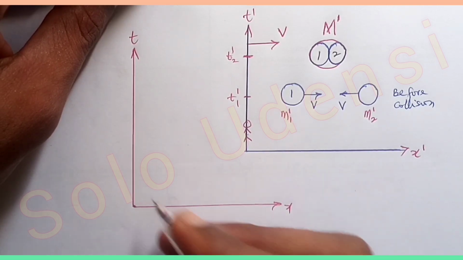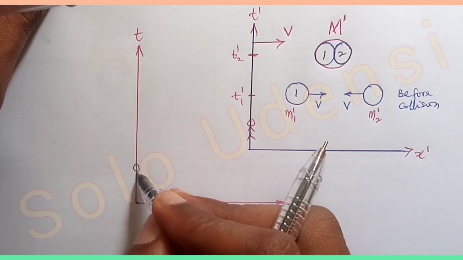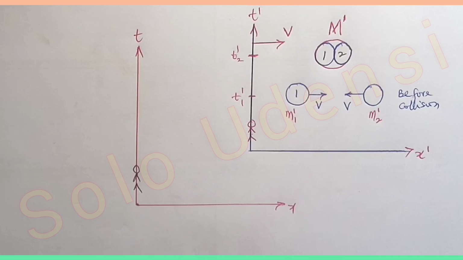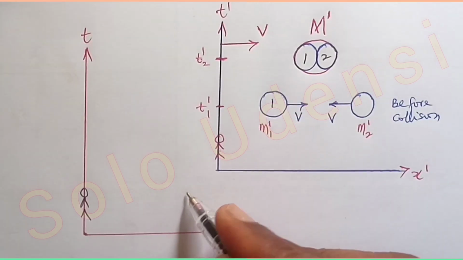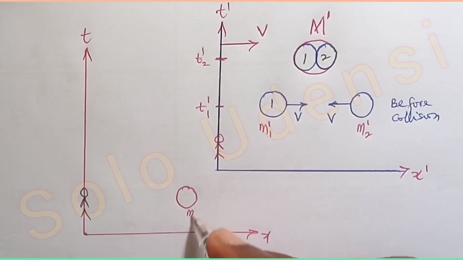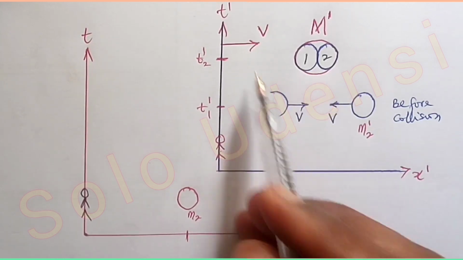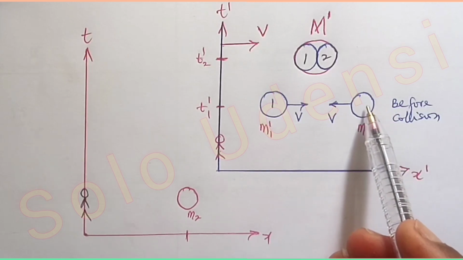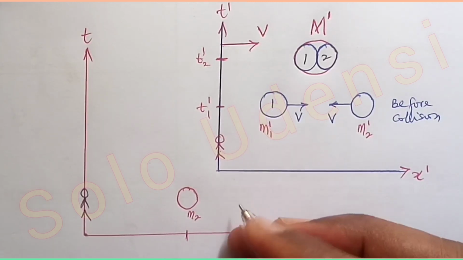So the observer on the ground frame, or on the stationary frame, will see that for ball 2, let's assume that this is his ball 2, M2, because this frame is moving with v in this direction and this ball is moving with v in the opposite direction, he will see it as being stationary.